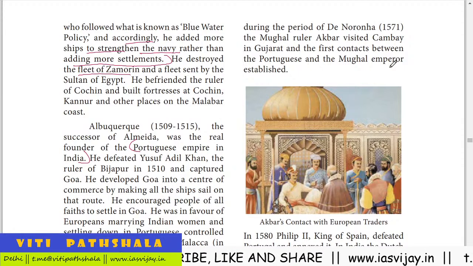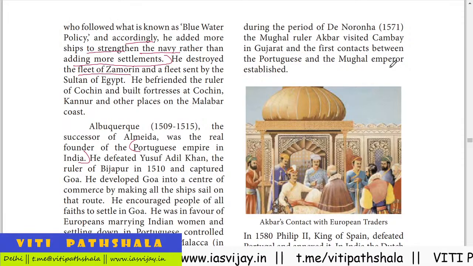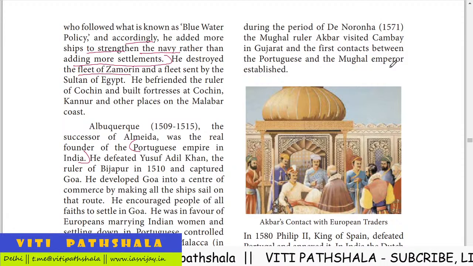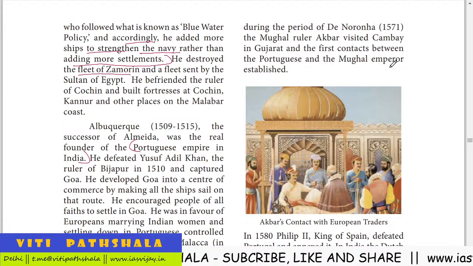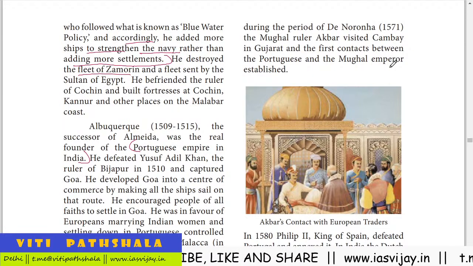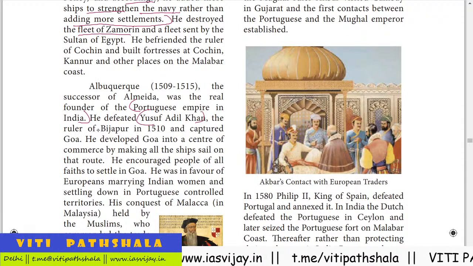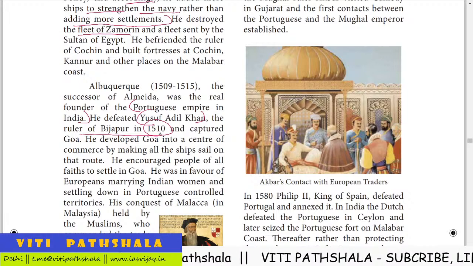Now the next person is Albuquerque. He was the real successor of Almeida, and he was the real founder because he established the territorial power. He made the Portuguese a territorial power. He defeated Yusuf Adil Khan, the ruler of Bijapur, in 1510, and he captured Goa.